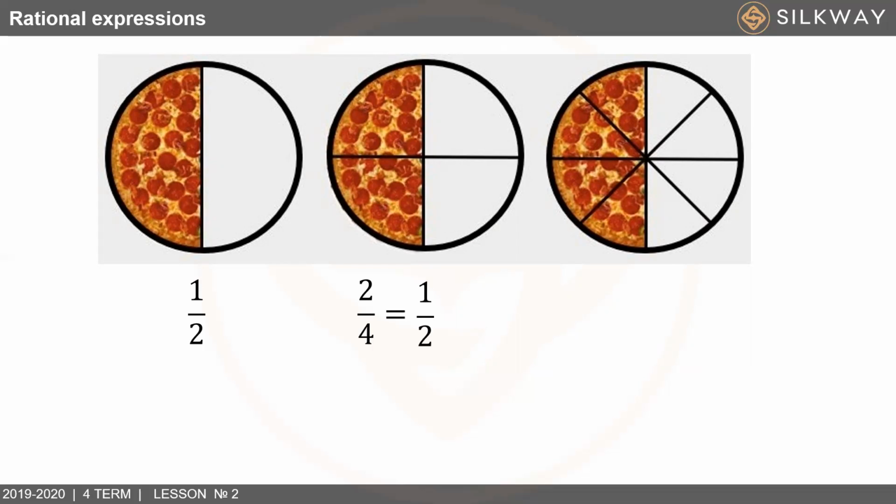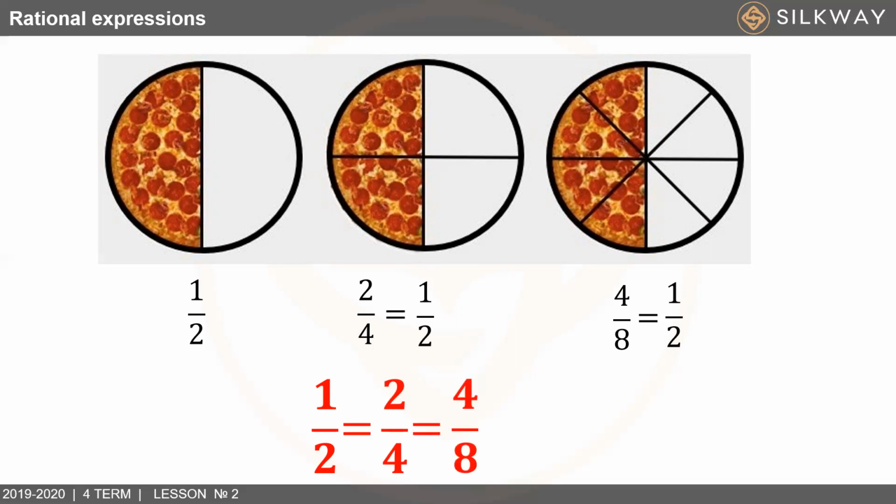The third one is divided into 8 parts, only 4 of them left, so we can write 4 over 8, simplify common factors, and you will get 1 over 2. So we say that 1 over 2, 2 over 4 and 4 over 8 are all equivalent fractions.